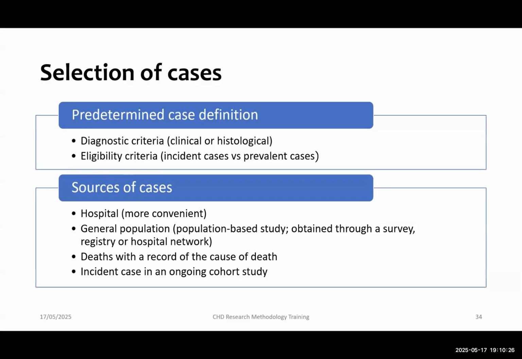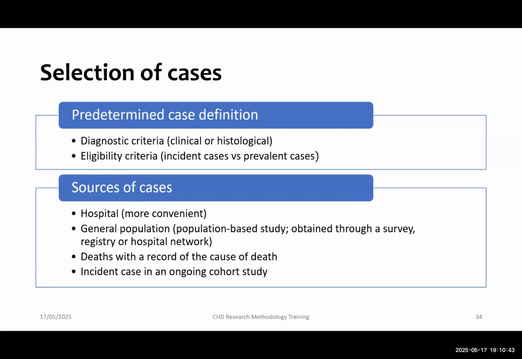If you go to the hospital and say you want information on all those who have cancer of the lungs, you can get that from a hospital. It's convenient. Most times the records are accurate and it is easy to assess those cases.